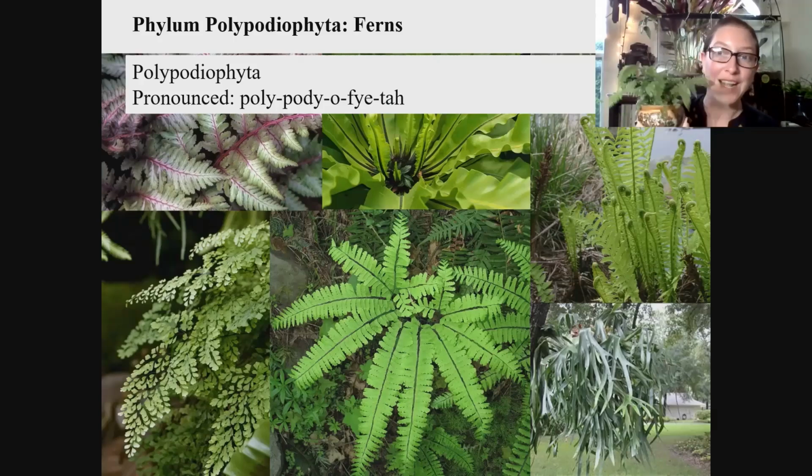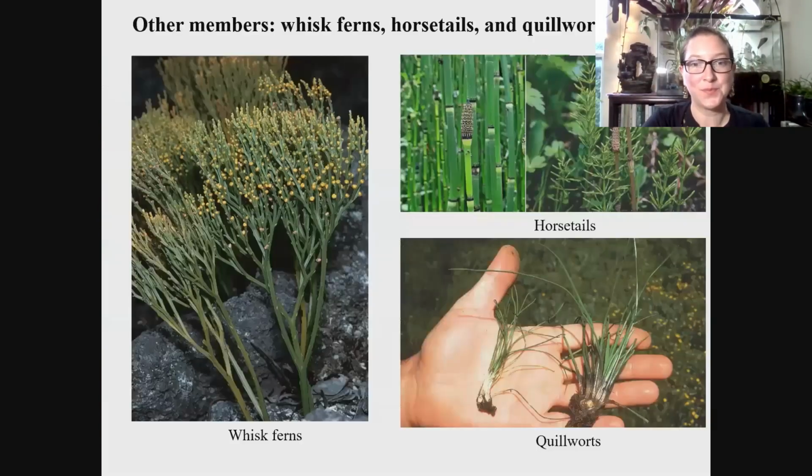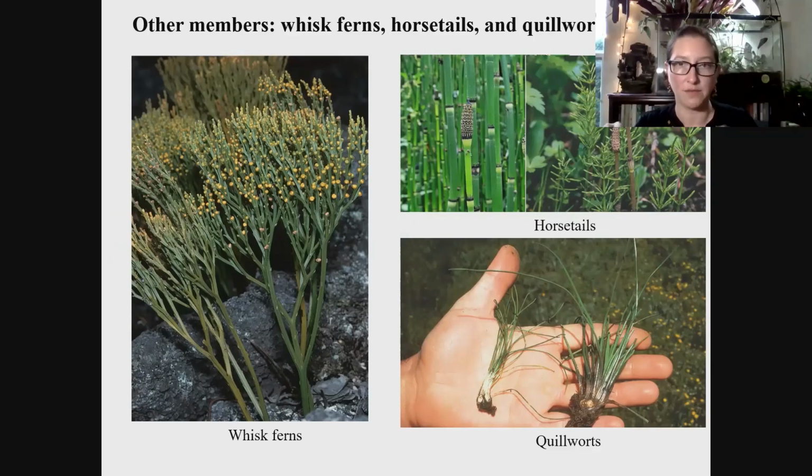Pretty nice. Yeah, so we'll talk about ferns. Other things mentioned in the book which we won't cover are whisk ferns, horsetails, and quillworts. You should at least know that there are other spore-shedding plants other than just lycopods and ferns, but we won't cover these others in detail.